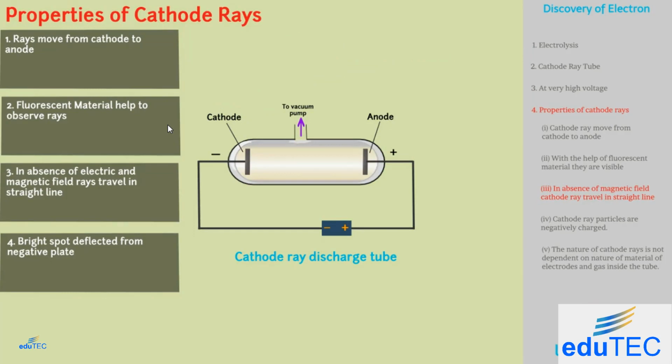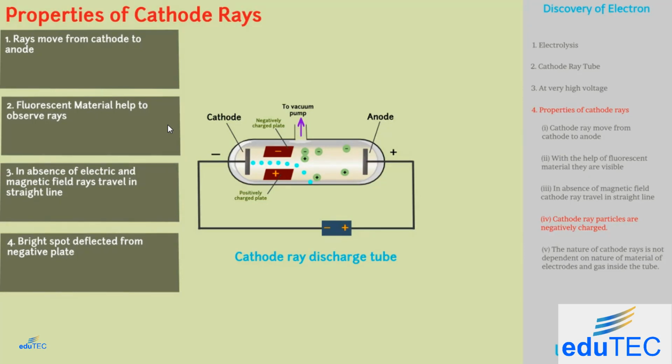In presence of electric field, it is observed that the bright spot get deflected away from negative plate towards the positive plate. Since like charges repel each other and unlike charges attract each other, hence this indicates that the cathode ray particles are negatively charged.